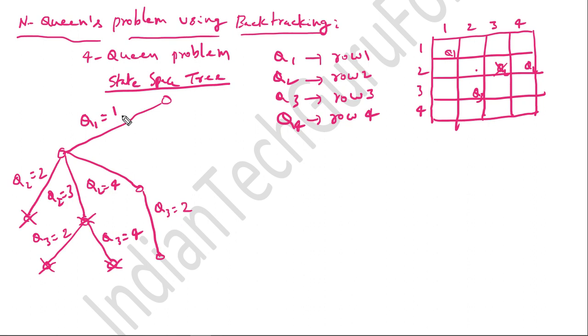Now what is left over? q1 in 1, q2 in 4, q3 in 2. Now try to place q4 in the third location. However, if I place q4 in the third location, there is a diagonal clash, so it is not acceptable. Because it is not acceptable, we cannot place q3 in 2. So ultimately all the combinations of q1 equal to 1 are over. It is not possible to solve this problem by placing q1 in the first location.